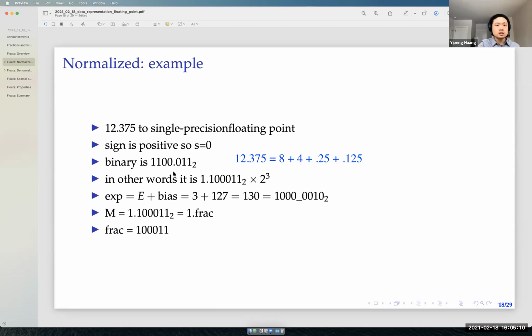By convention, we write all the numbers we want to represent in this form, with exactly 1 digit to the left of the floating point, and we multiply it by some power of 2 to make it the same number.